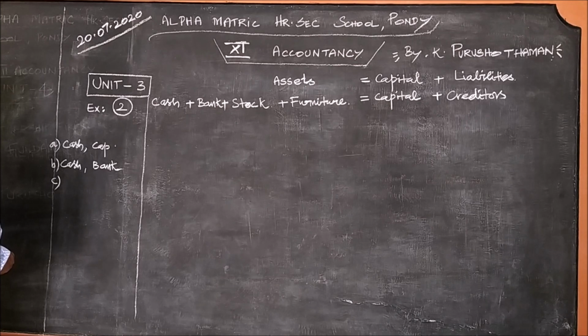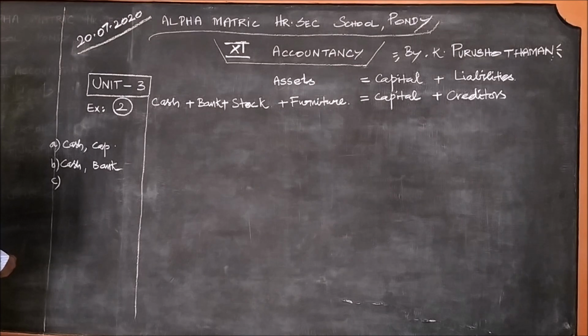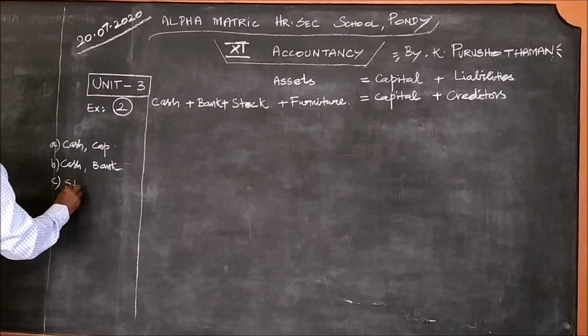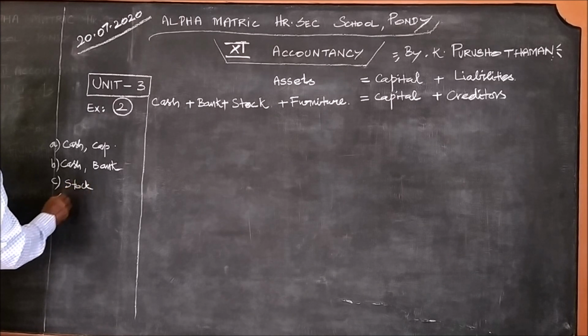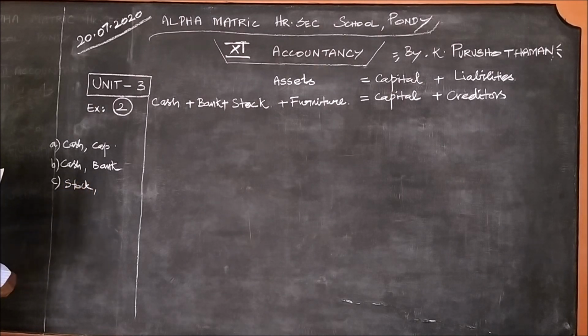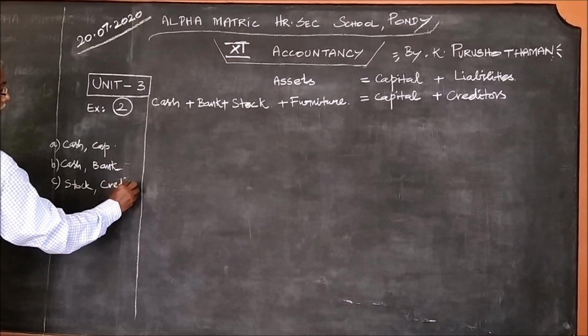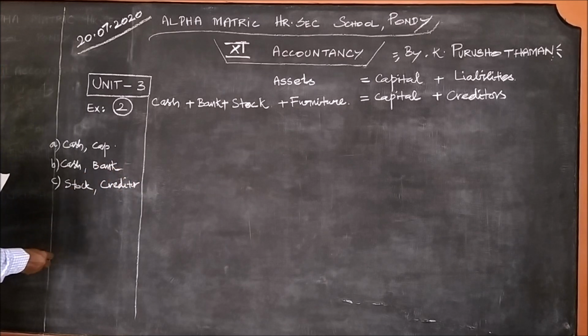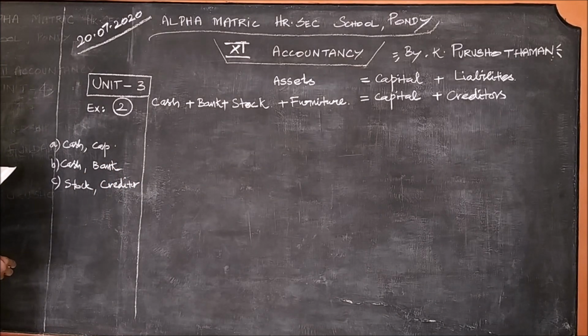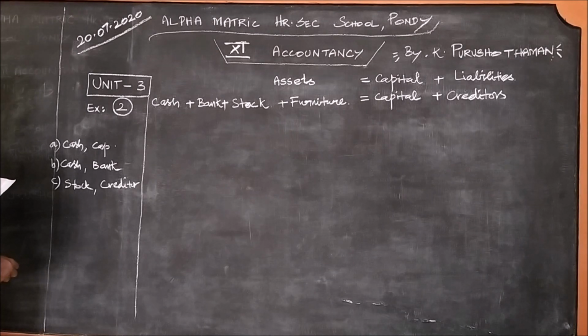Then, bought goods from Hari on credit. When the goods are coming in, it is stock, and on credit basis, it is the creditor. And the next one, D. Raj withdrew cash for personal use.